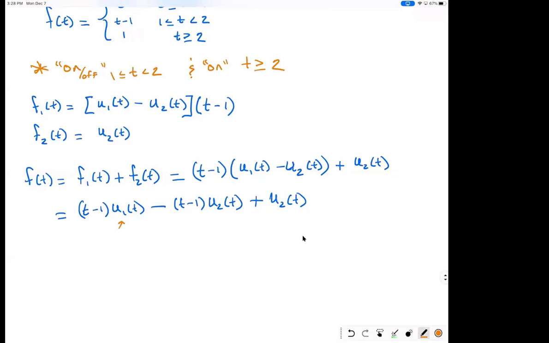That's what the shifting theorem wants me to do. So that's why I'm doing this. I saw that if I multiplied this t minus 1 times that first term instead of FOILing, then I would be in better shape.